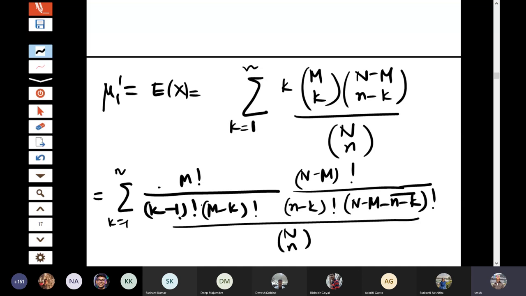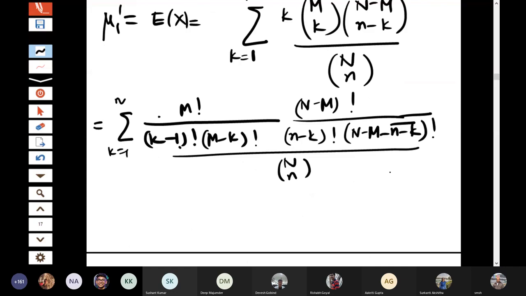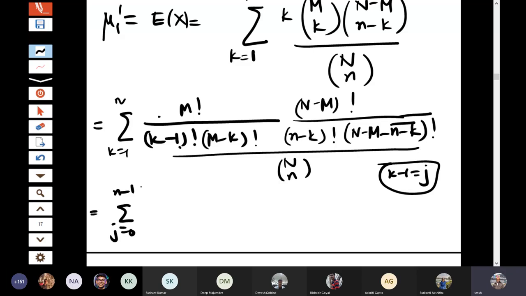Now this immediately suggests that we should adjust this k minus 1 here, because I will put k minus 1 as, say, j. So if I put k minus 1 equal to j, then j is equal to 0 to n minus 1. You can see that everything has been reduced by 1.